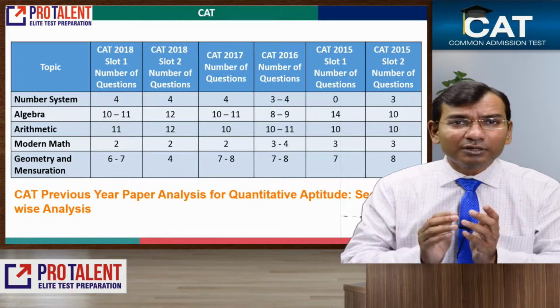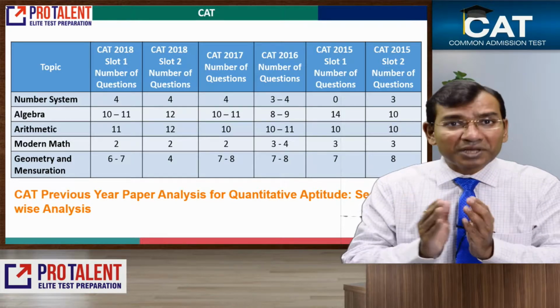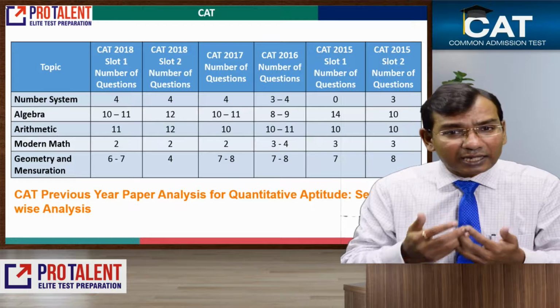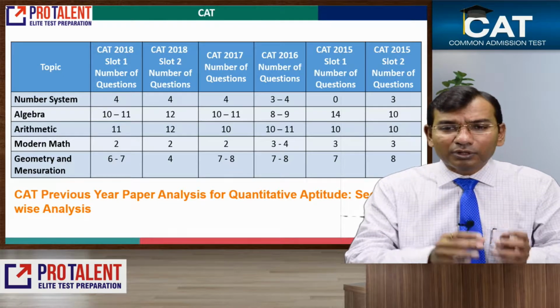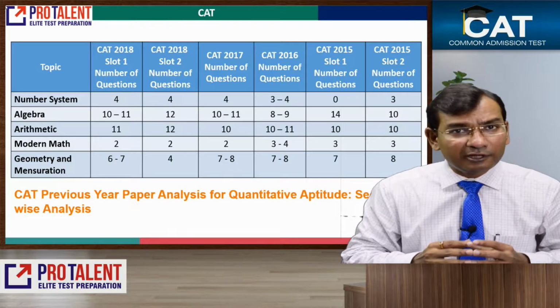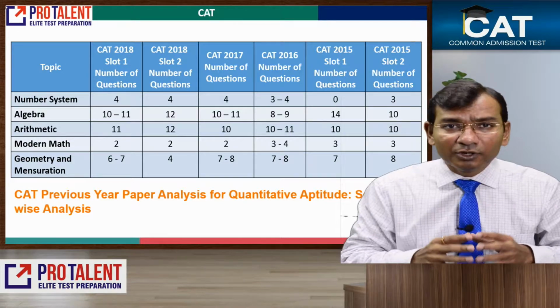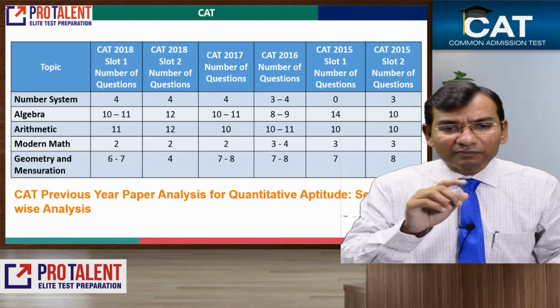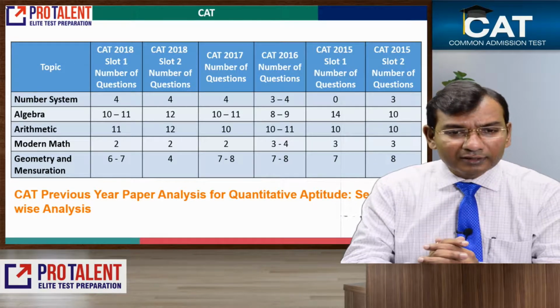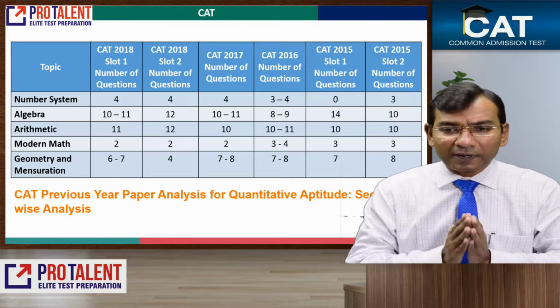I'm sure this kind of information is available to you as well. Some of you might have analyzed all this. Here we have to be very careful about picking up topics. If I'm going to spend a lot of time on number system and I'm not working hard on my arithmetic, there will be a problem. Similarly, algebra is a crucial part.